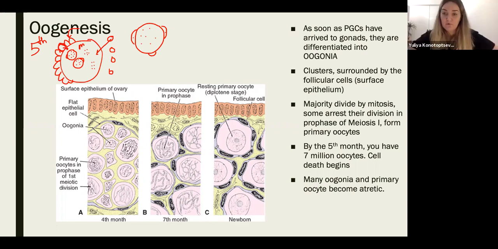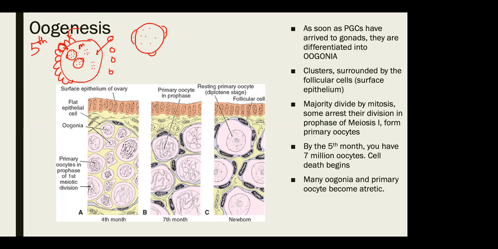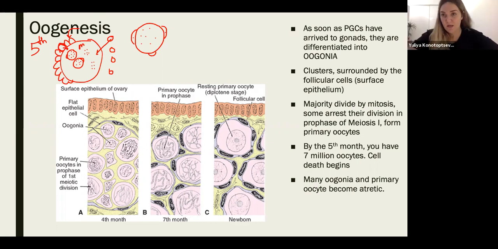Sertoli cell, very good. Supporting Sertoli cell in men. They are coming from the same thing. The only difference is whether they're in a man or in a woman, right? So follicular cell is very much similar to Sertoli cell. They both come from the surface epithelium. The only difference is whether you're a man or a female.